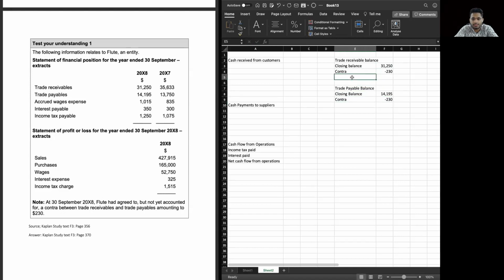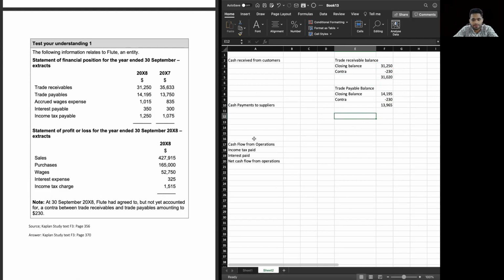So the closing balance is going to be 31,250 minus 230, which is going to be 31,020, and trade payables is going to be 14,195 minus 230, that will be 13,965. So we have sorted out that adjustment here.